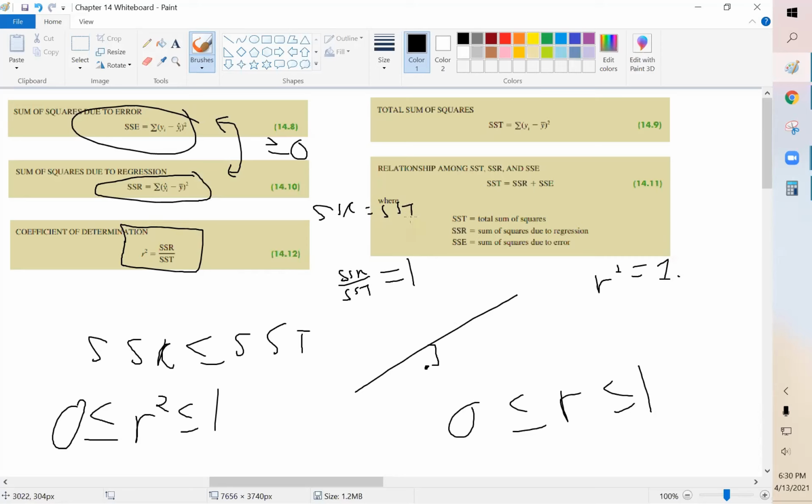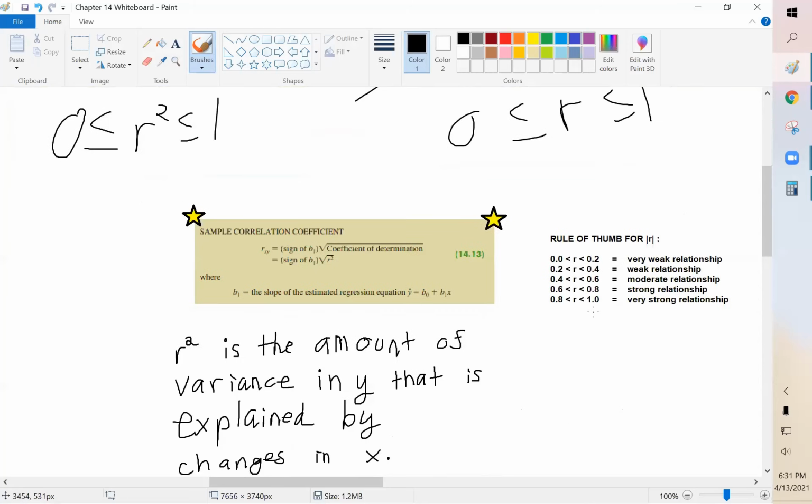As a note, that doesn't mean they're both 1. They could both be 1,000 because you could have a lot of data points. What it does mean is that in this case, SSE would be 0. Which makes sense because if our line is quite literally perfect, with the data we did the regression on, there shouldn't be any error. Now, like I said, if you bring a new data point, you could have some error from that, but you're not going to have any error from the old data points. That said, let's get to the definitions that are going to matter.